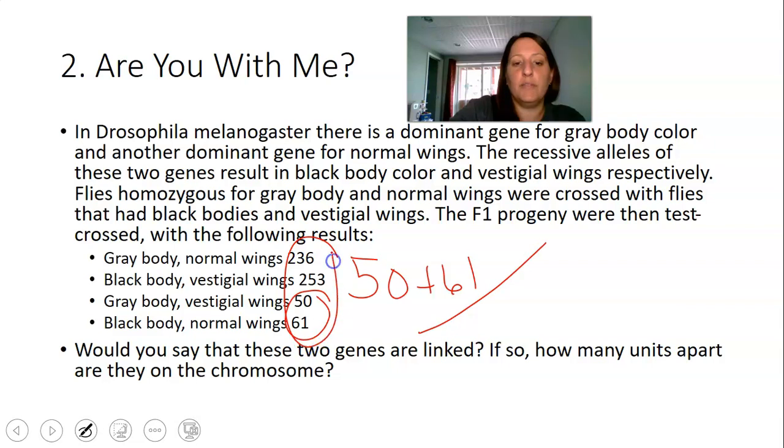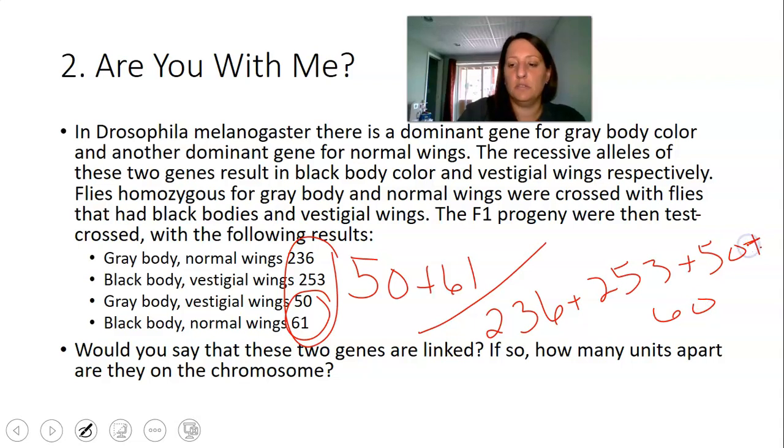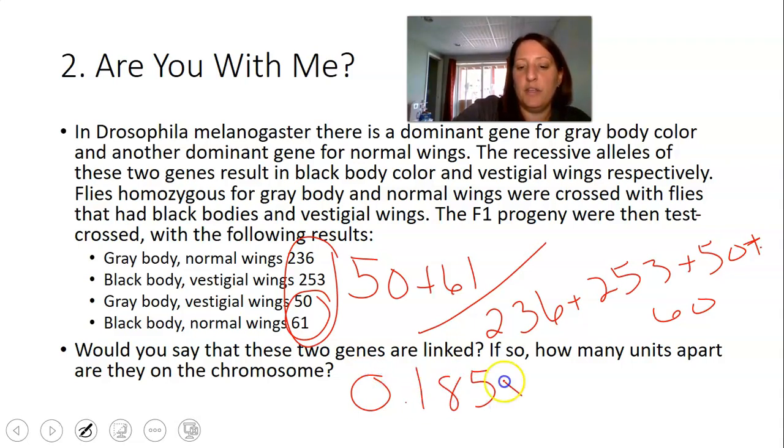So everybody: 236 plus 253 plus 50 plus 61. If I did my math right, if I add up 50 plus 61 and divide it by the total, you should have gotten 0.185. Now I have to multiply that by 100 to get a percent.